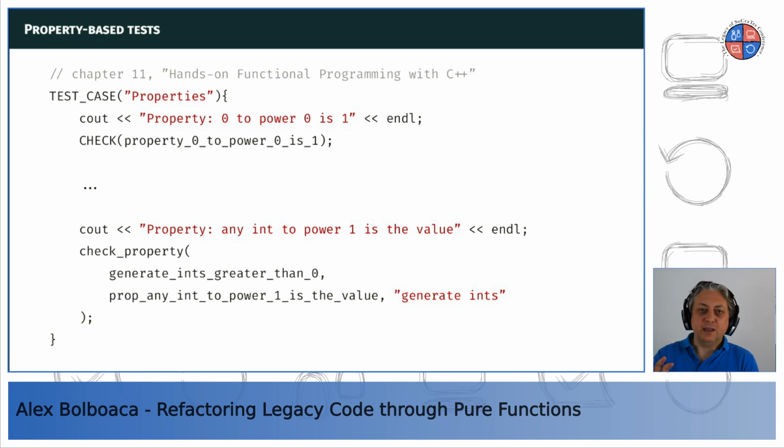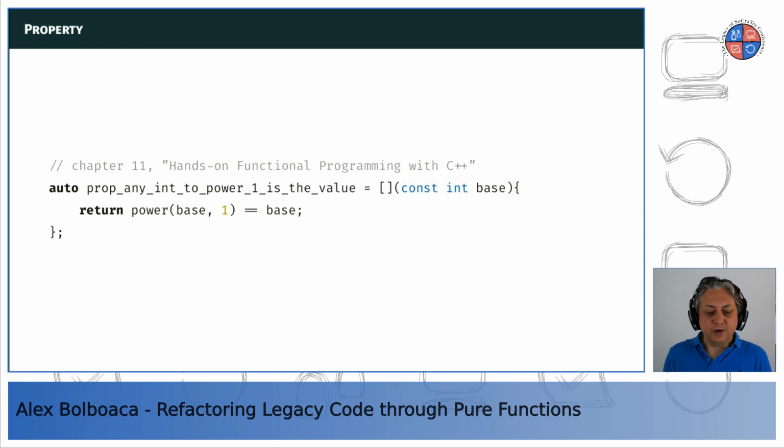But the fundamental idea is, since you have an interval of values as inputs for your function, and it's a pure function, you'll get out an interval of outputs. So basically you can figure out some mathematical properties that you can test for.